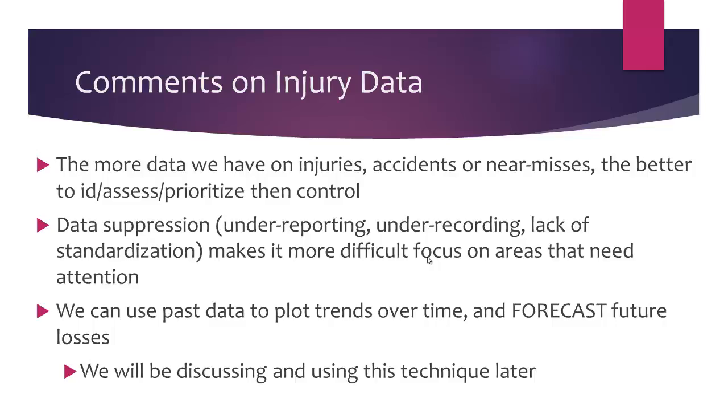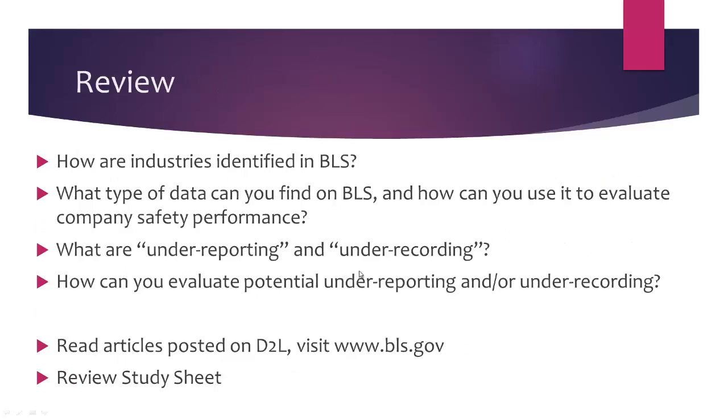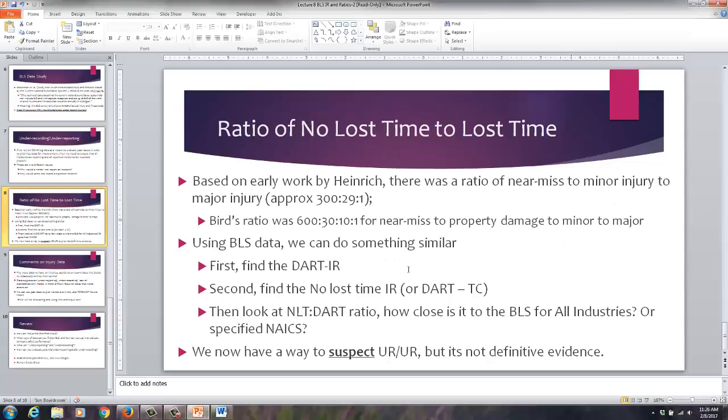I have a much greater chance that if I even get exposed to a hazard, it's going to be severe, where I'm going to have to stay home and recover, or the doctor is going to give me a restriction, or I need to be transferred to a different job because I can't do my original job because I got hurt so severely. So this will be something we carry on in future lectures. That's kind of wrapping it up.